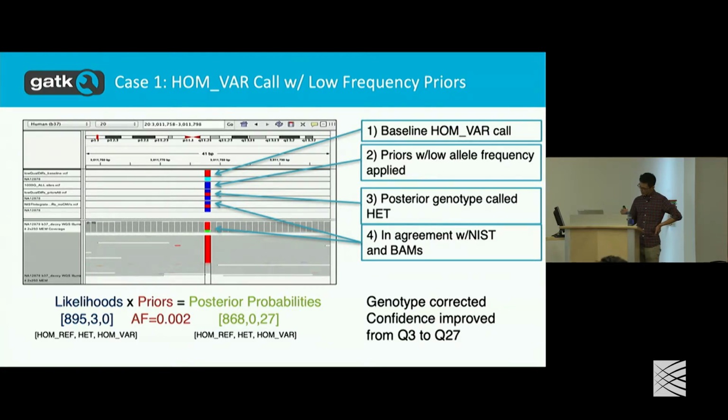Without the refinement step, the workflow called HOMVAR, homozygous variant, meaning 2 copies of the alternate allele, which is reasonable. Over maybe 70% of the reads are the alternate allele.